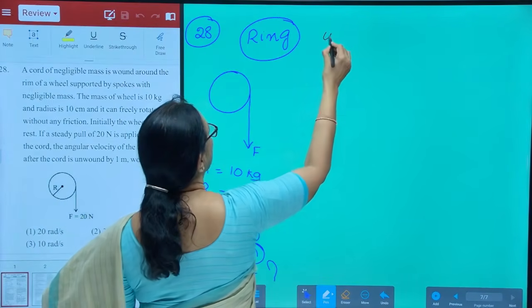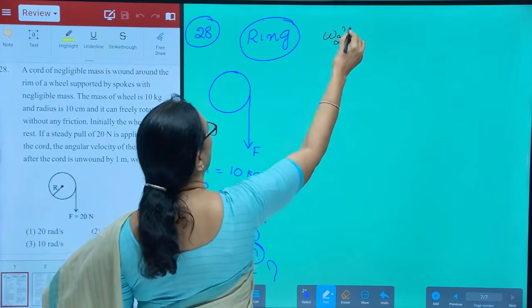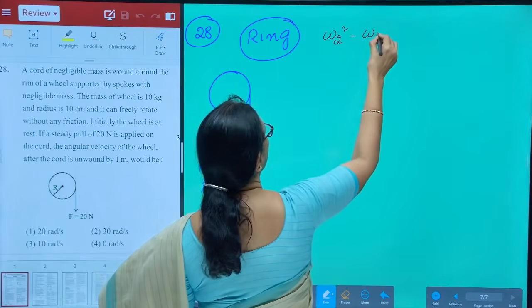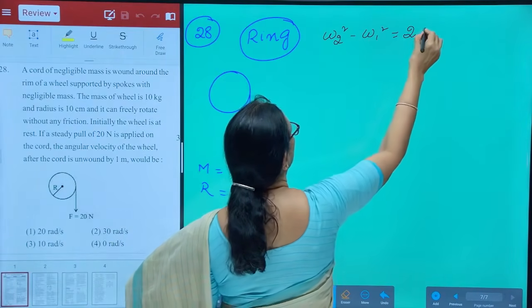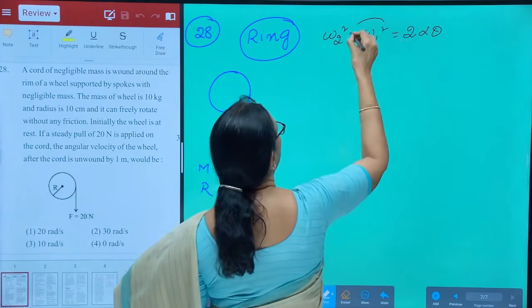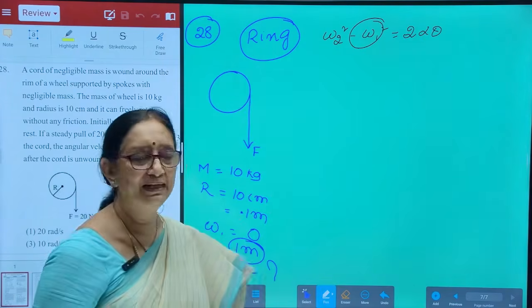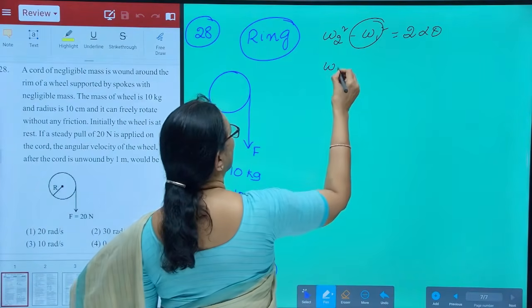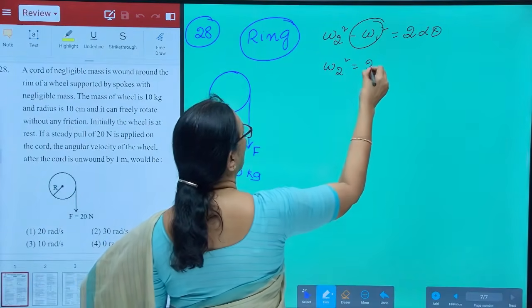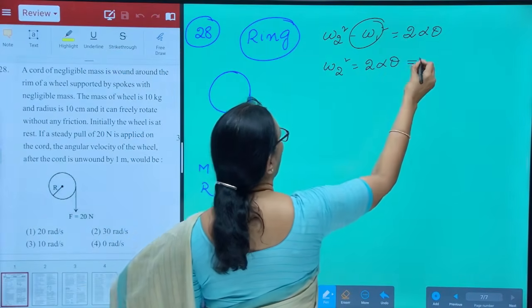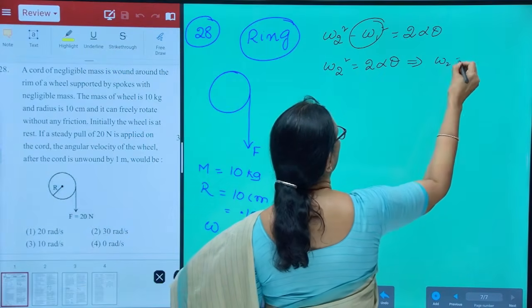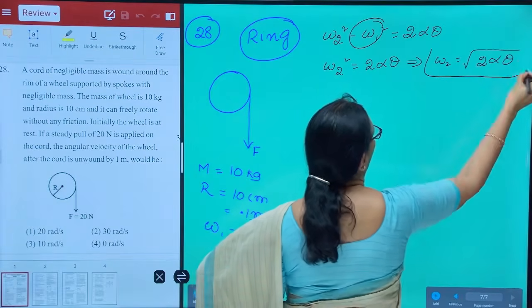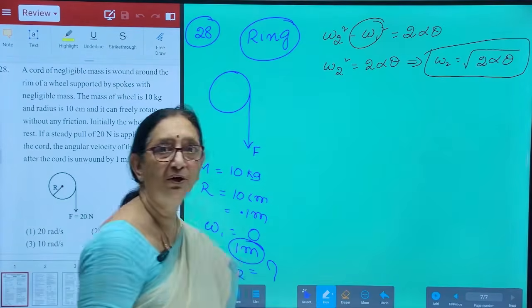From the equations of motion in non-uniform circular or rotatory motion, ω2² − ω1² = 2αθ. In this particular problem, the initial angular velocity is 0. So ω2² = 2αθ, which implies ω2 = √(2αθ). So, you are asked to find ω2.